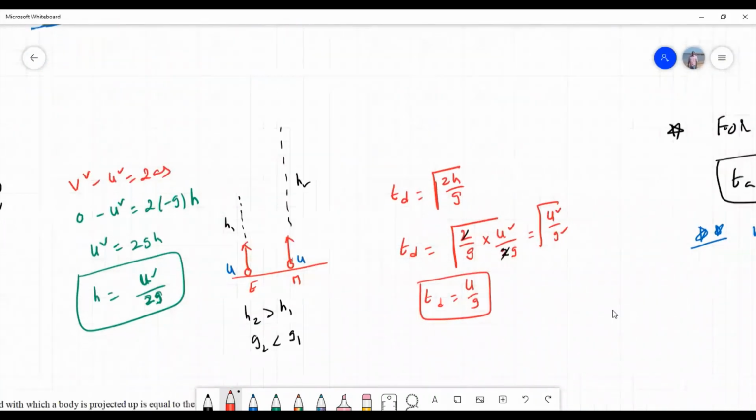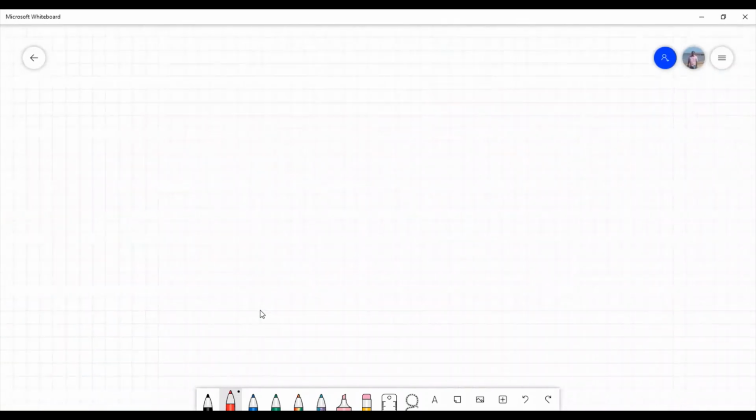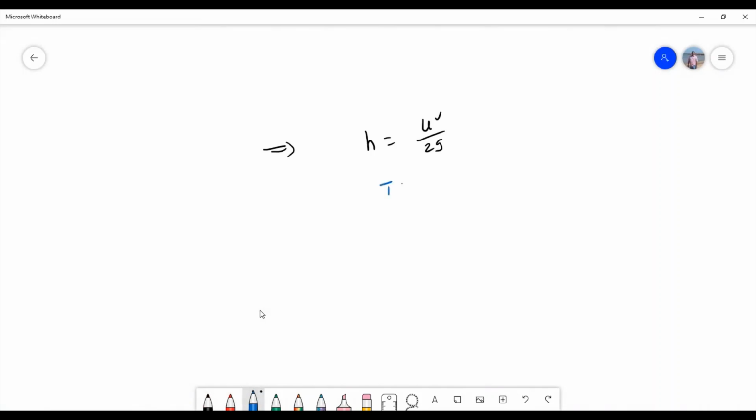Now we can get some important relations here. I want to express maximum height in terms of time of flight. Just now we got maximum height as u square by 2g. But what is time of flight? 2u by g.